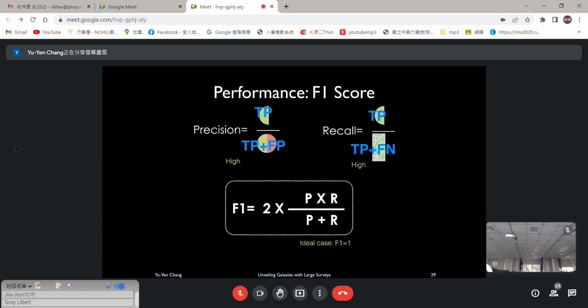Depending on your topic, we usually care about different performance scores. Here, if we want to identify AGNs, we want to select as many as possible, so we care about precision. But we don't want wrong sources, so we also care about the recall score. So we try to consider all scores. There is another score called F1, which is the harmonic mean of precision and recall, as you can see in the lower part here.